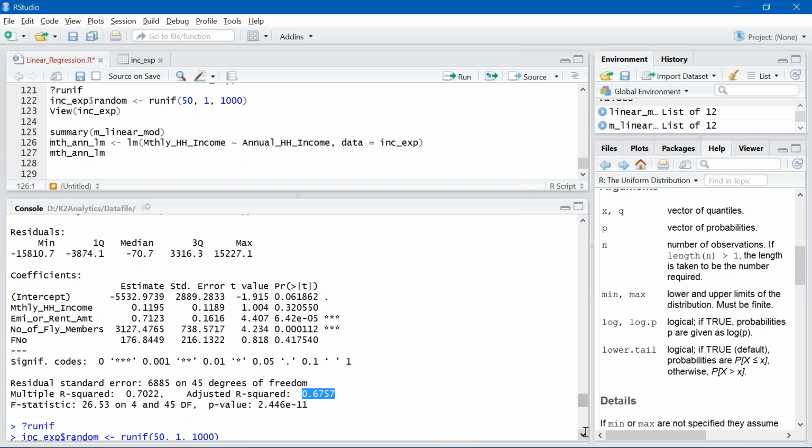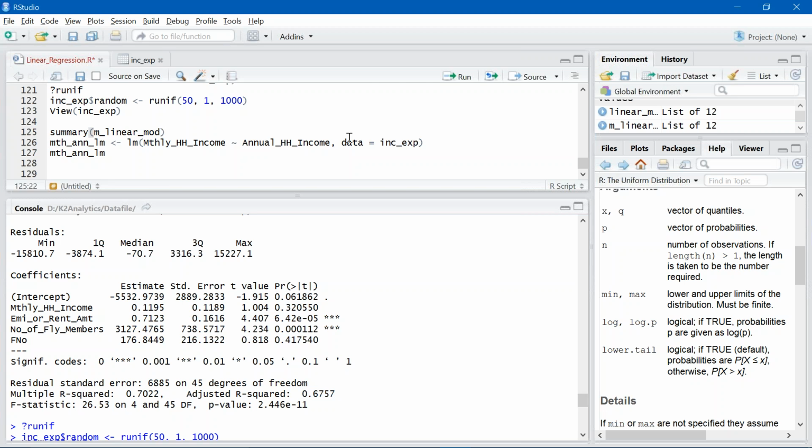If adjusted R square does not increase significantly, if there is a minor increase, say adjusted R square earlier was 0.678 and now you added one more variable and it has increased from 0.678 to 0.680, the increase is 0.002, insignificant. Then you can take a call that this variable is not bringing any additional information, so that variable should not be part of your model. This is the concept of adjusted R square.